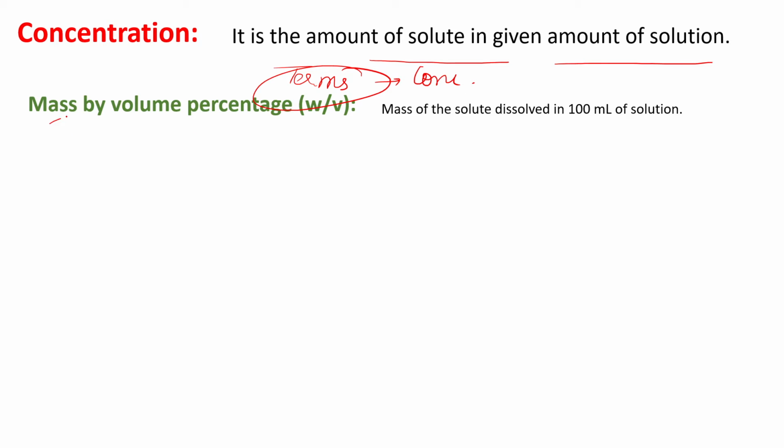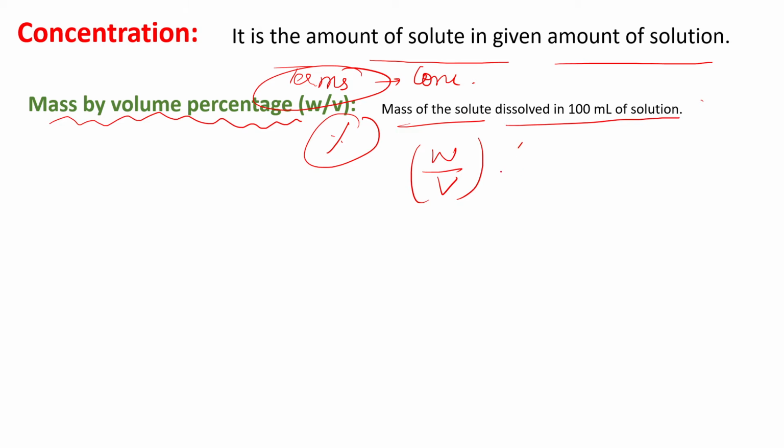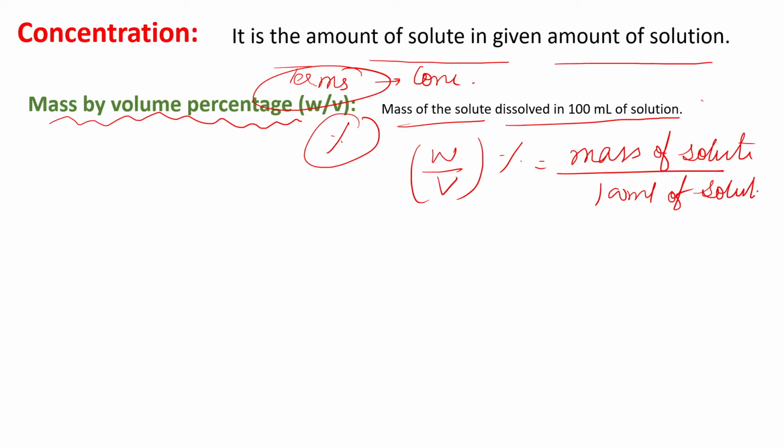First one you understand, that is mass by volume percentage. It could be defined as mass of solute dissolved in 100 ml of solution. It is basically W by V percent. Example, let's say NaOH.